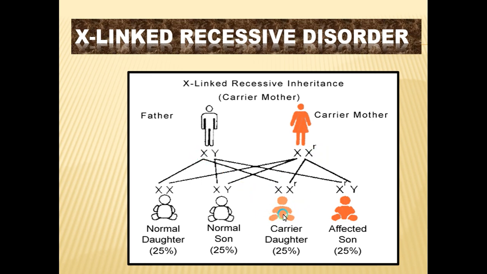Then the affected son has this X coming here and this Y. So in X-linked recessive disorder, only the sons are affected, the daughters are carriers, and there is a 50% chance of normal children.